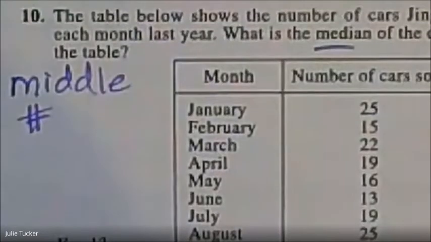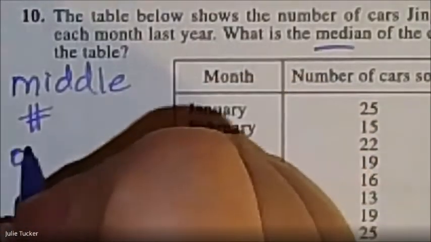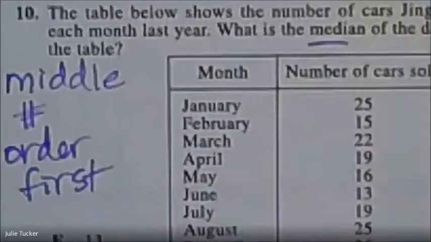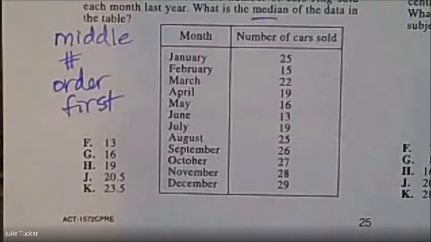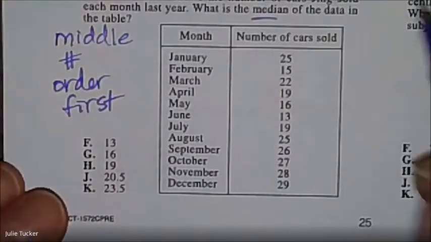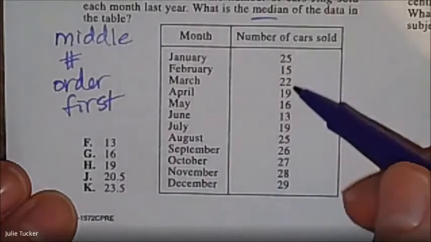Middle number. So you have to put the list in order. And then you find the number in the middle. A lot of people just tell people to cross things off. So if we put this in order, the smallest number here is 13.